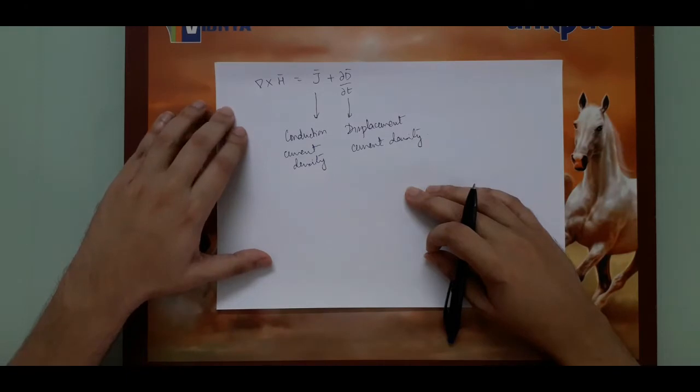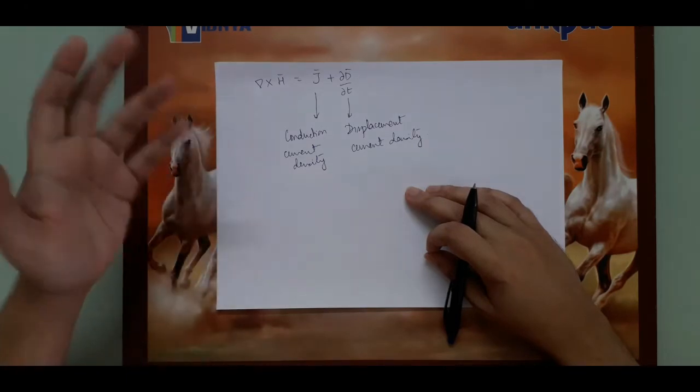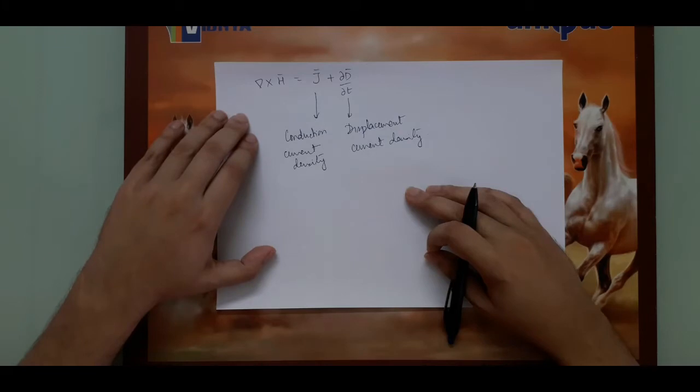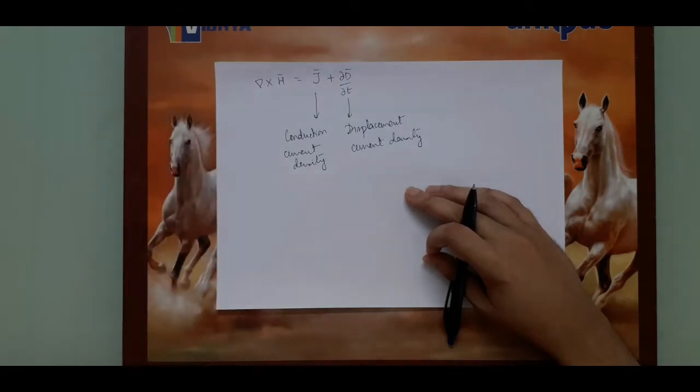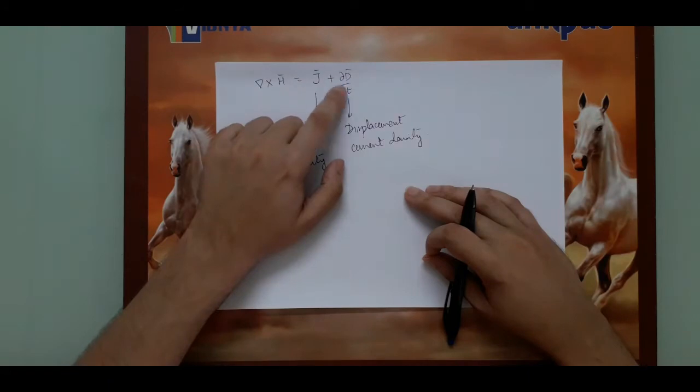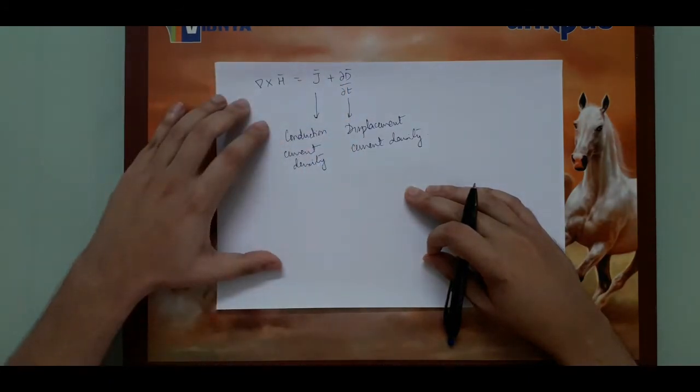Now once the wave starts traveling, it is seeing only air, and we mentioned that the wave which is traveling in air has electric and magnetic field components. How is it able to have a magnetic field without any conductor? How is it able to sustain those fields? That is explained by the displacement current density. Now this is something which is very, very important.